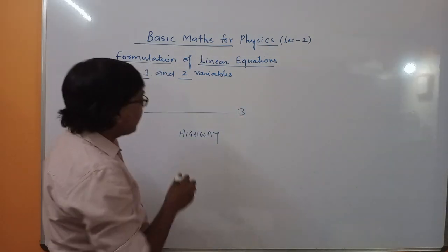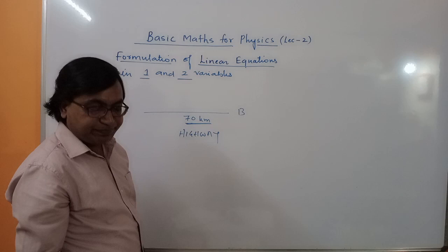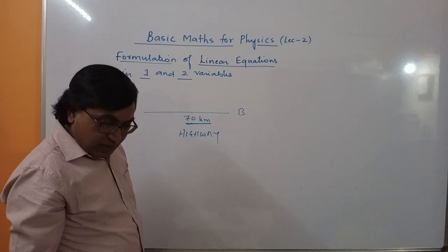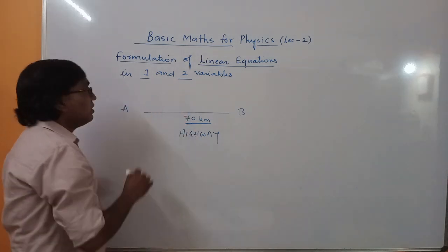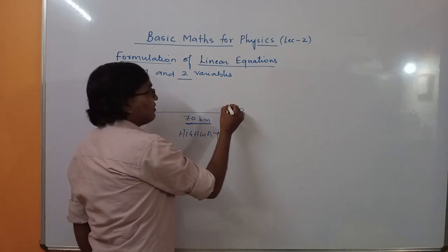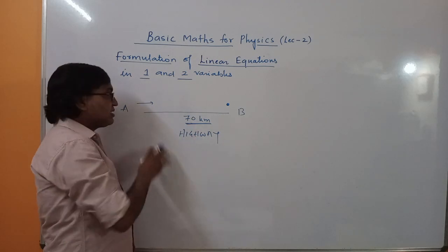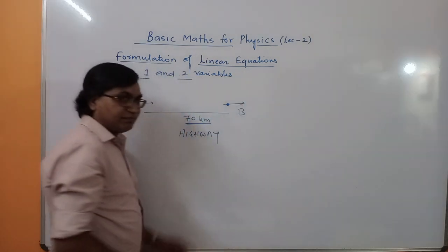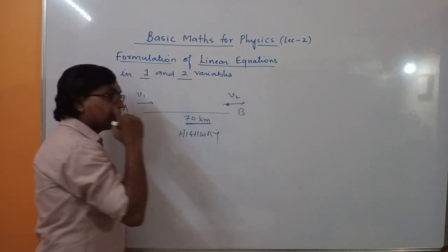The distance between these places is 70 kilometers, 70 kilometers apart. Now car A starts from A and another car starts from B at the same time. So now there are two cars. One car will start from A, another car will start from B. If both these cars start simultaneously from A and B and travel in the same direction, let us say this speed is V1, this speed is V2.